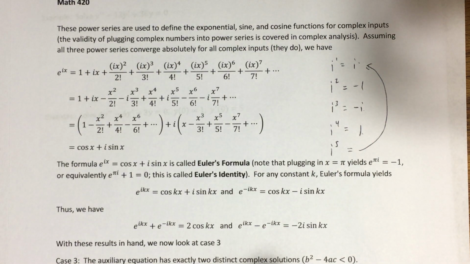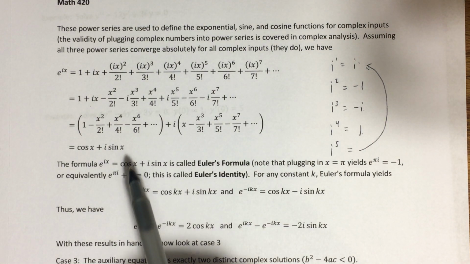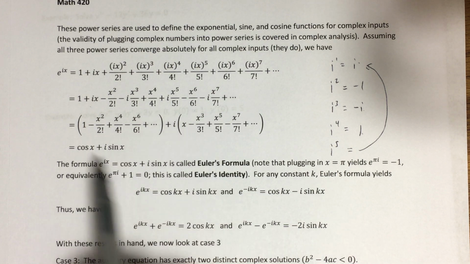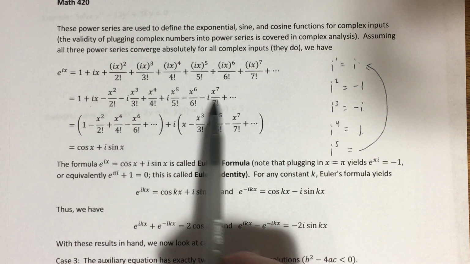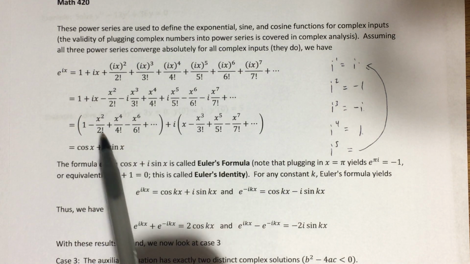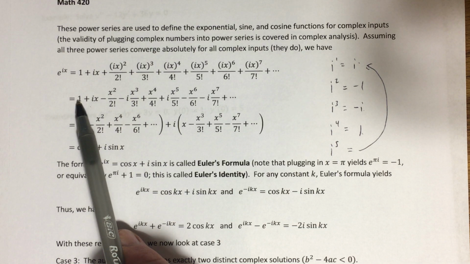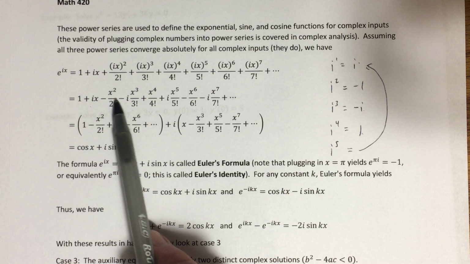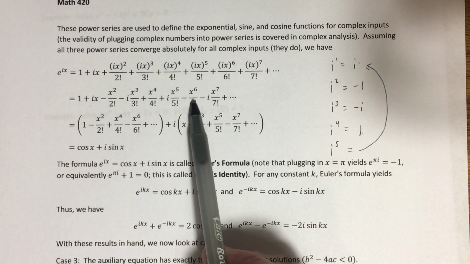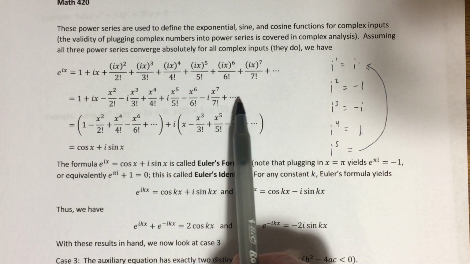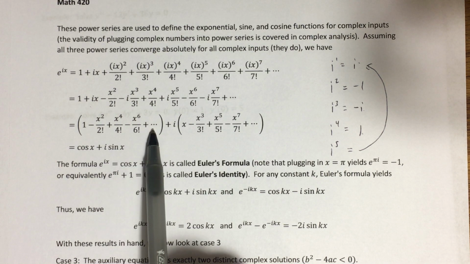And absolute convergence in a power series like this allows us to rearrange the terms of our sum without affecting the end result. So I can rearrange these terms, and if I take, for example, 1, skip a term, minus x squared over 2 factorial, skip a term, plus x to the fourth over 4 factorial, skip a term, minus x to the sixth over 6 factorial, and so on, I group those up over here.